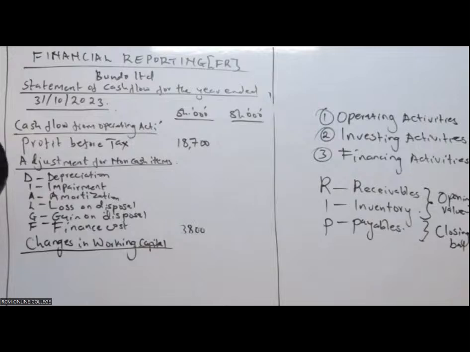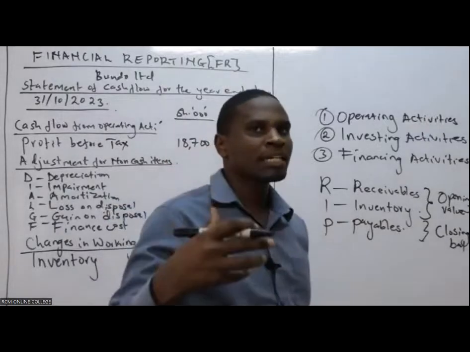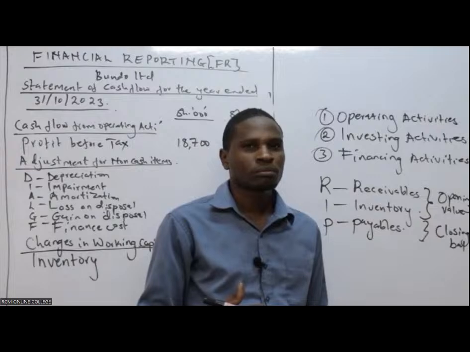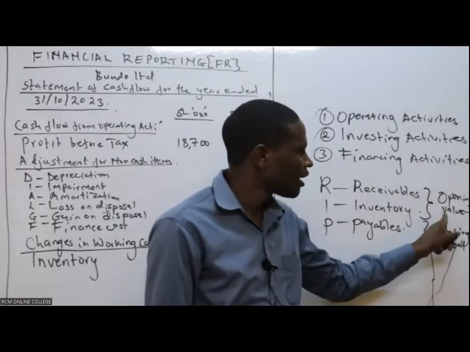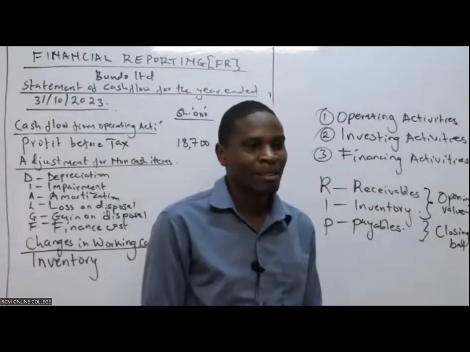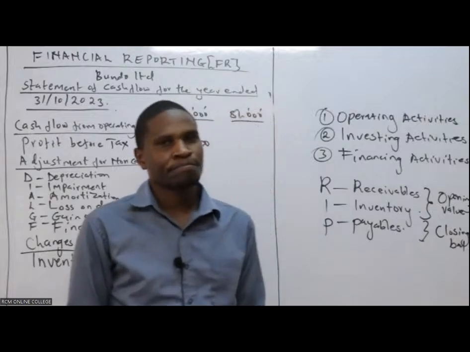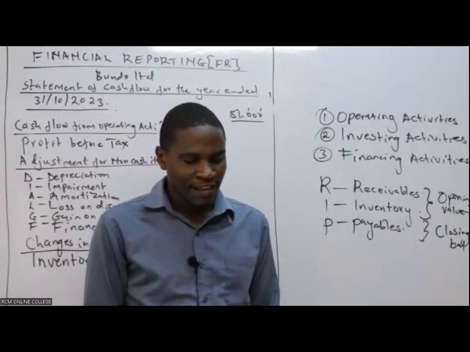Under current assets, niko na nini? Inventory. I want somebody to tell me what was the balance brought down, or what is the opening balance? What was the balance brought down for inventory? 5760.